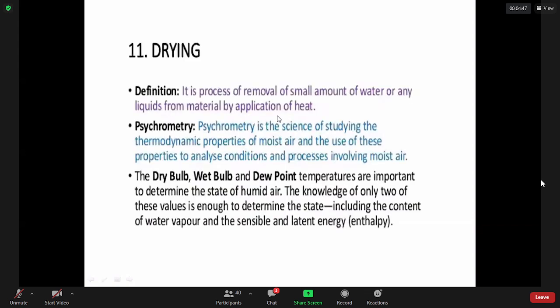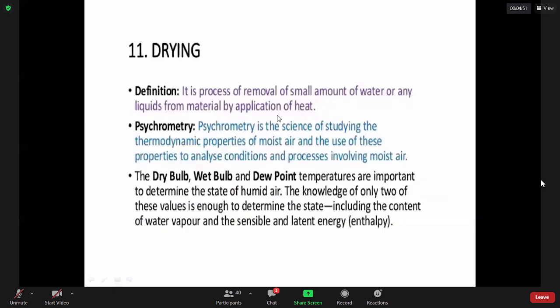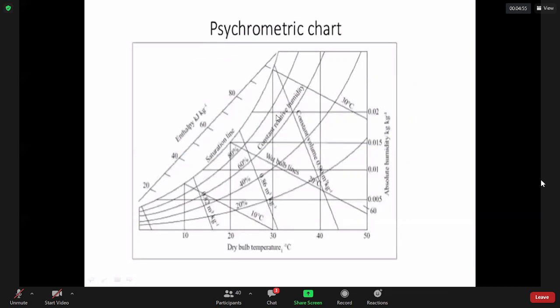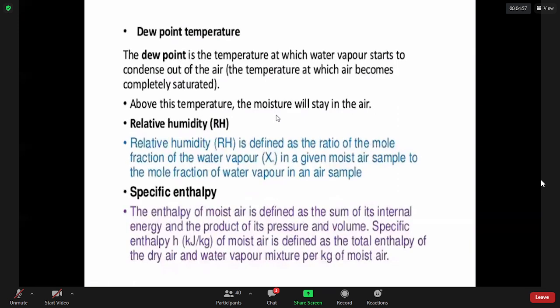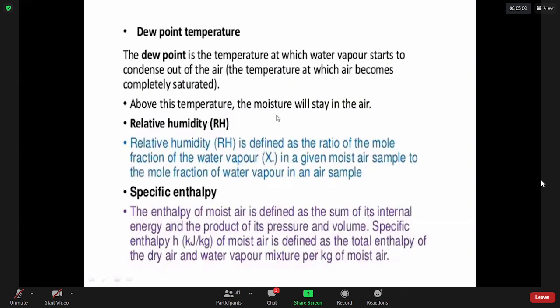Drying is just another unit operation, which is different. When you are doing evaporation, you are trying to dry. But then there are some solids, for example, which may not need to use the heat changes.